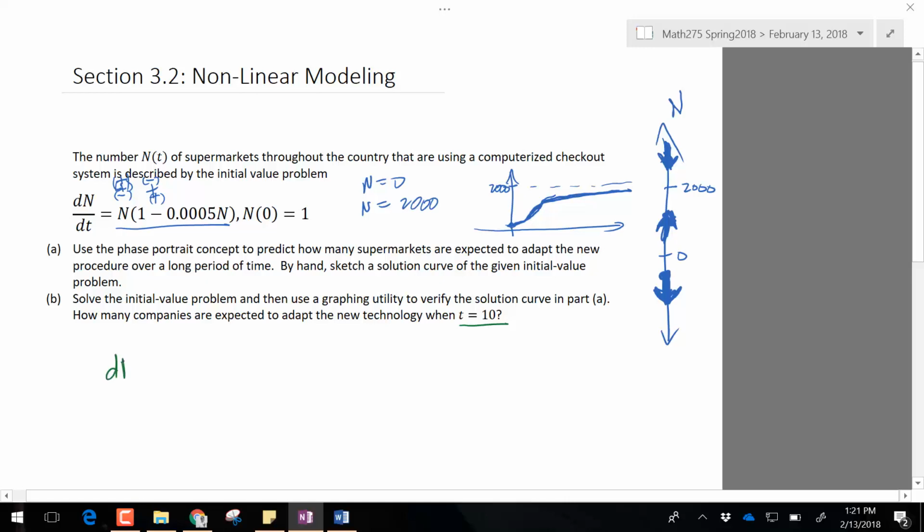So we have dn over n times (1 minus 0.0005n) is equal to just dt. The right part seems like it's the easy part. How about the left side? How would you integrate that?